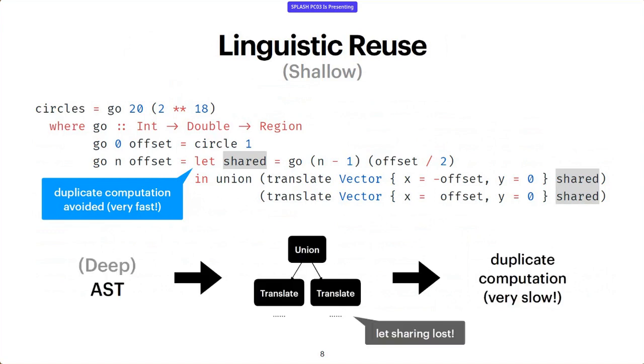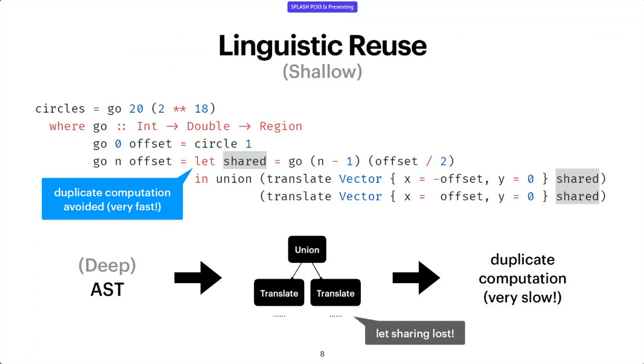On the contrary, in the deep embeddings, the type region is defined as an algebraic data type. So shared is actually an AST. After the AST is generated, it is duplicated twice in the subtree of the nodes.